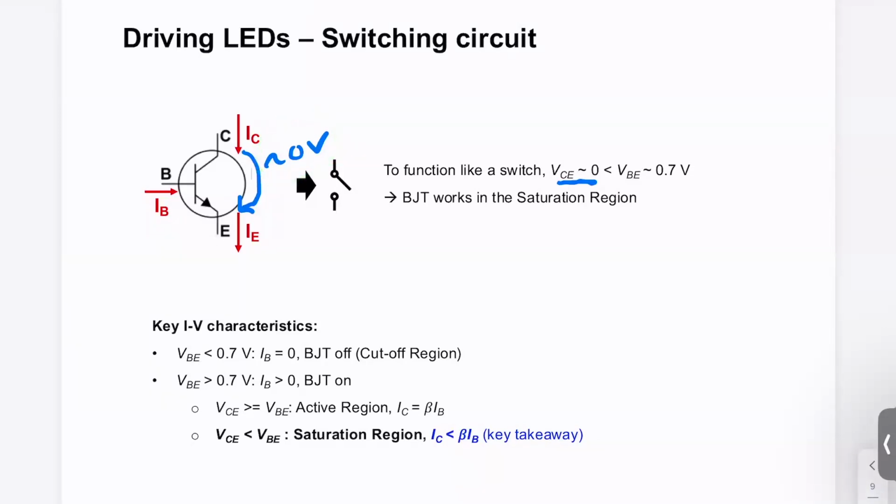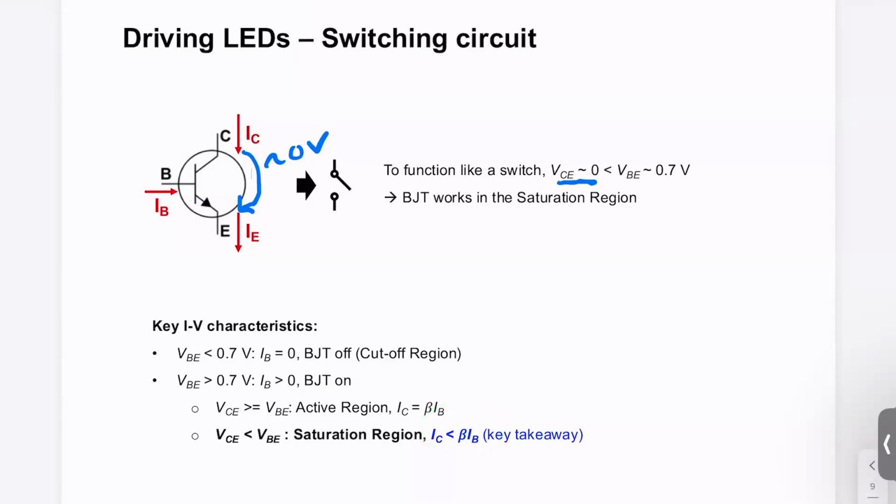Oh, so if it's not in the saturation region, it can't work as a switch at all. Instead, it would amplify current. Beta is always above 1. Okay, so it does amplify. Yeah, it does amplify.